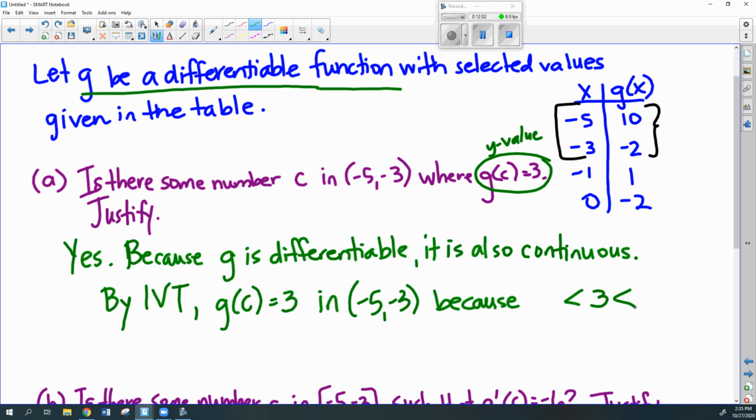Now, you don't want to actually use the y values. You want to show that it's between g of something and g of something else.